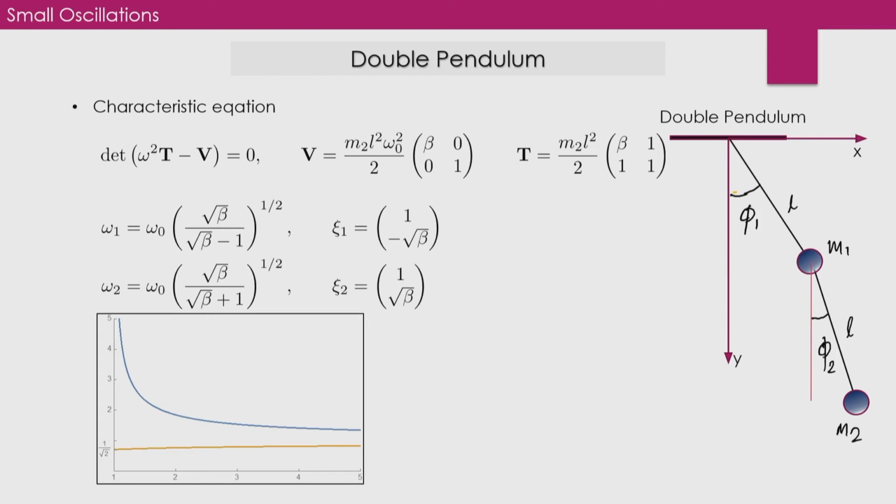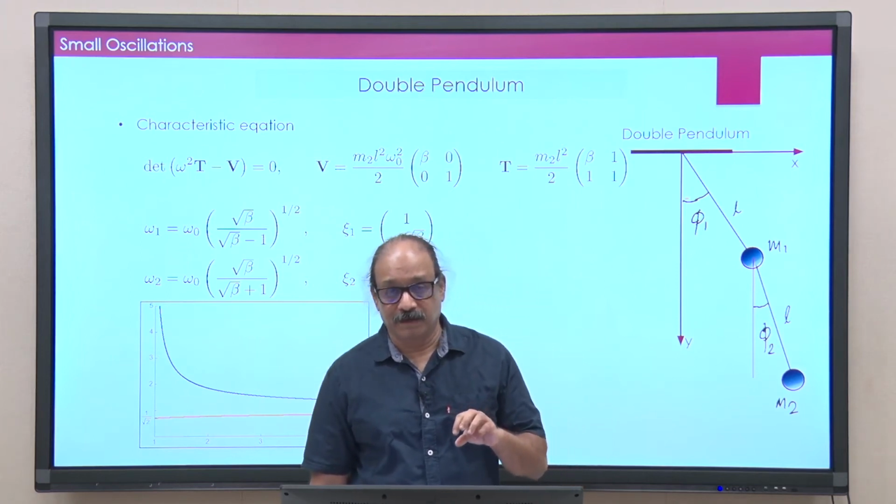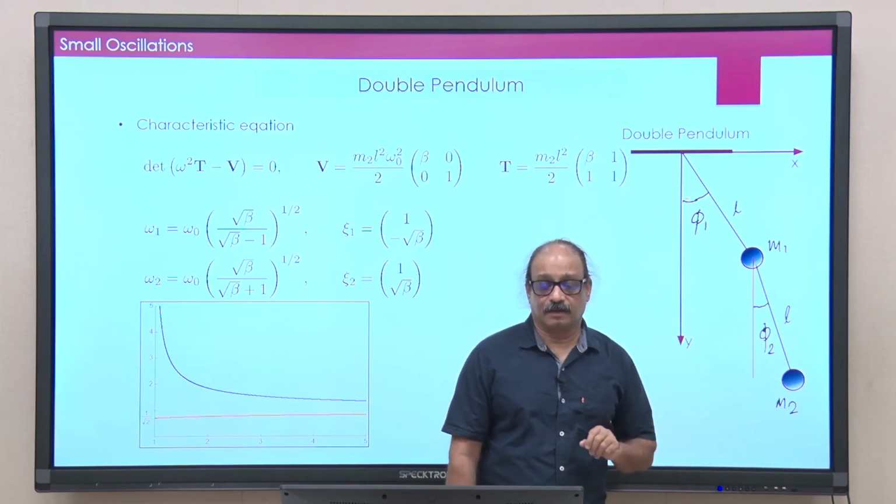In this graph, what I have done is I have plotted these frequencies omega 1 and omega 2 as a function of beta. Okay. And remember, beta is a measure of the difference of these two masses in some sense. Okay.